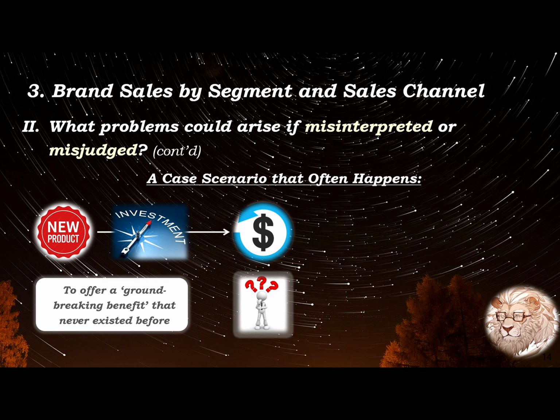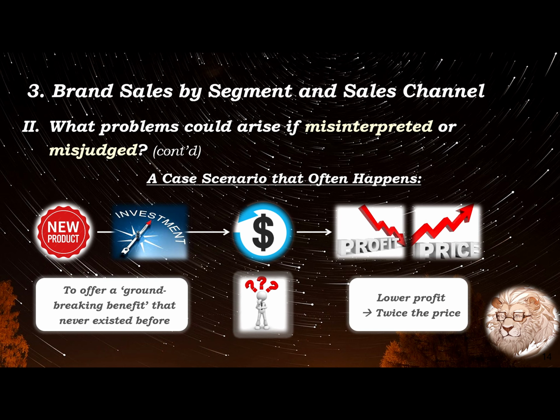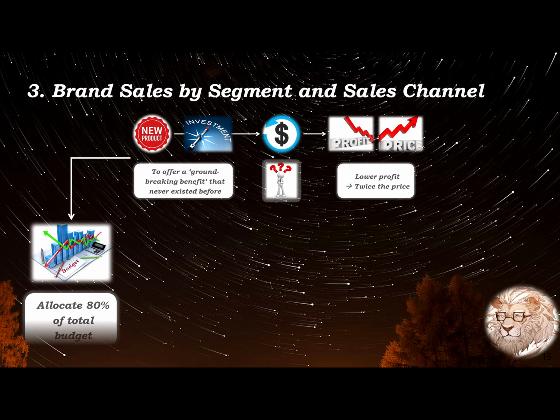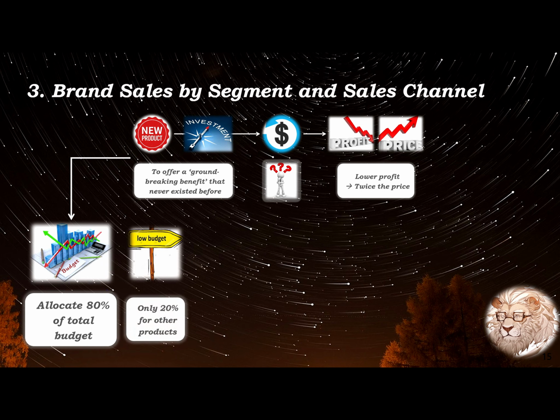Based on the rough sales requirements, it is clear that the current pricing would not be able to secure sufficient profits. Therefore, the company decided to sell this new product at twice the average price of existing products. Also, it finally allocated 80% of the brand marketing budget to this new product, while providing only 20% to the other products. So, what could happen as a result?